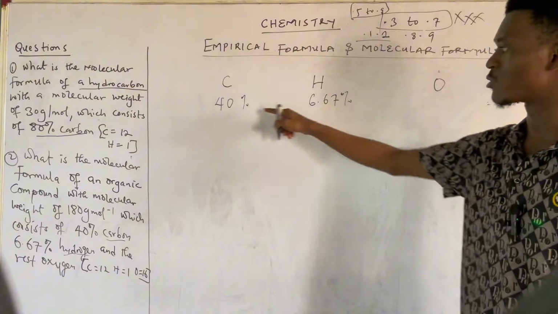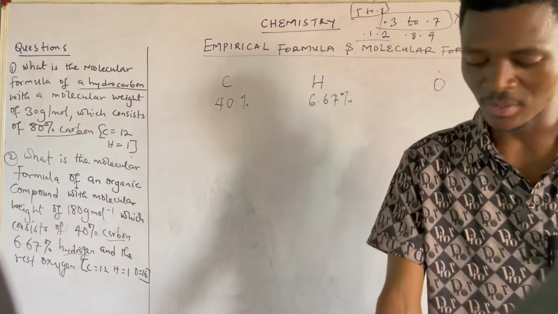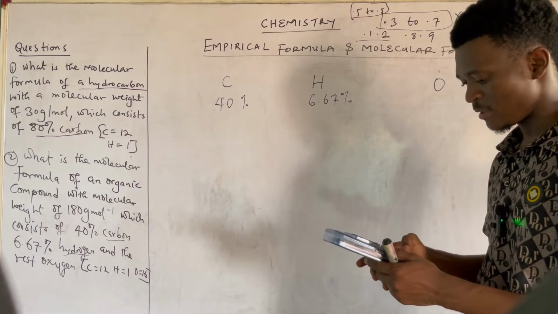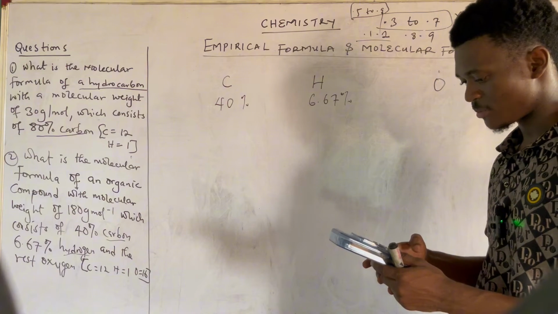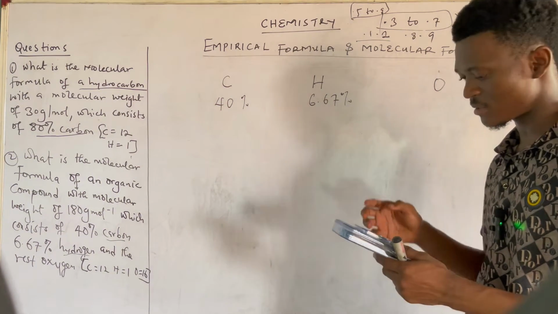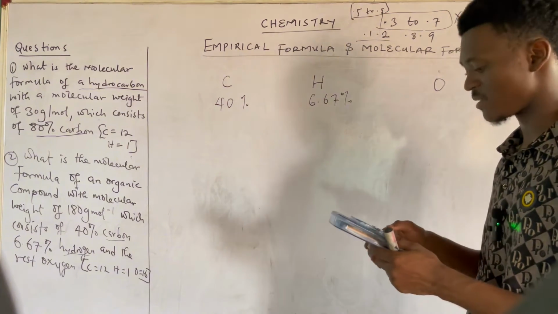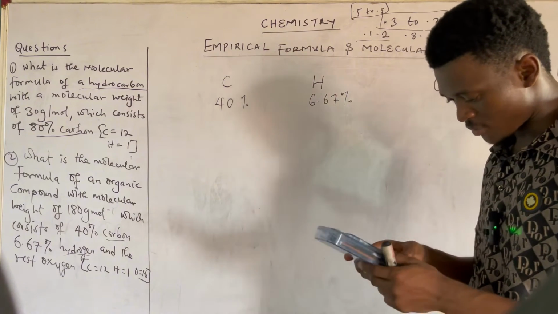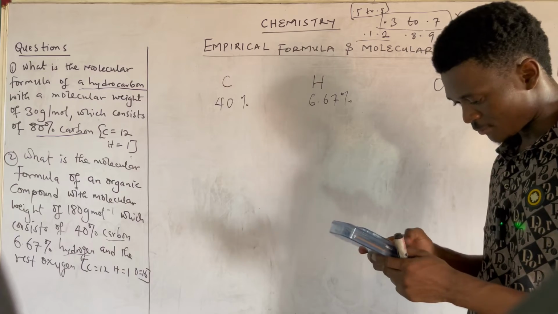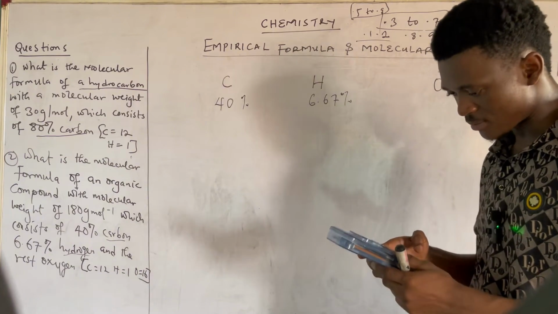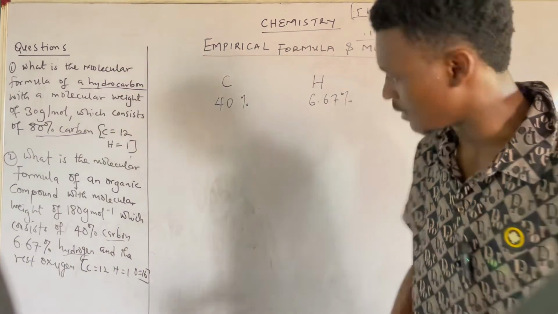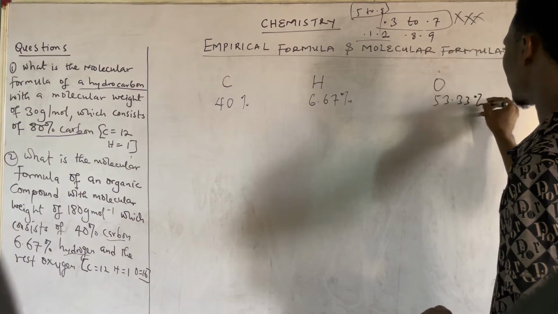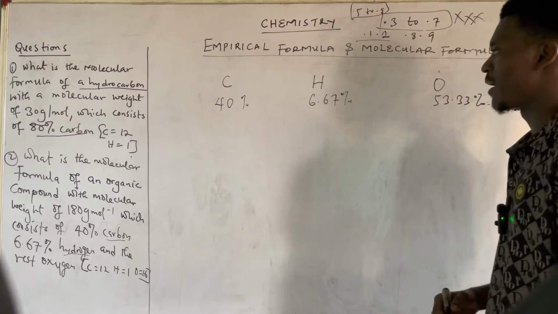It simply means we have to sum up these two and subtract from 100 in order to know the one that is left. So 40 plus 6.67 is 46.67. Subtracting that from 100 gives us 53.33%. Alright, so that should be for our oxygen.